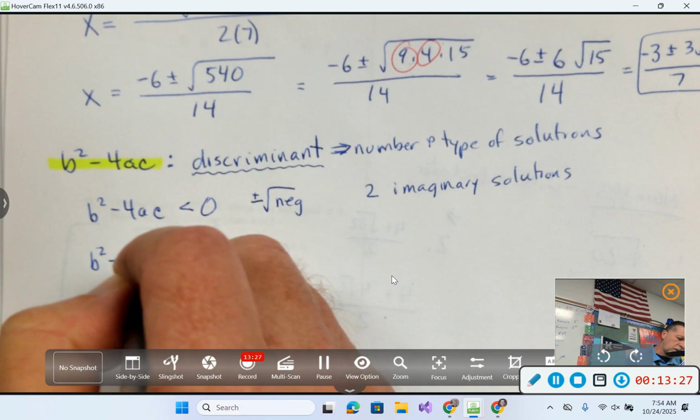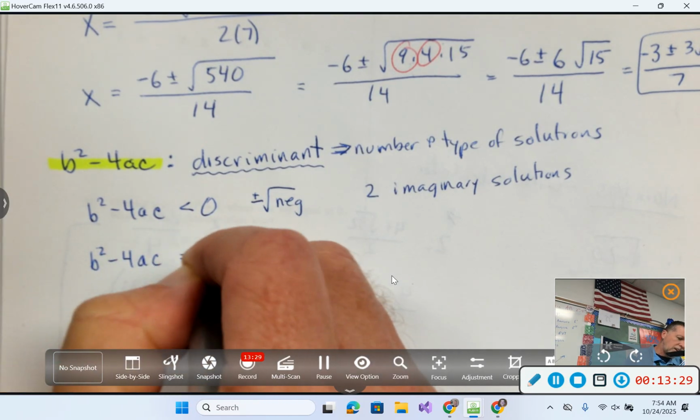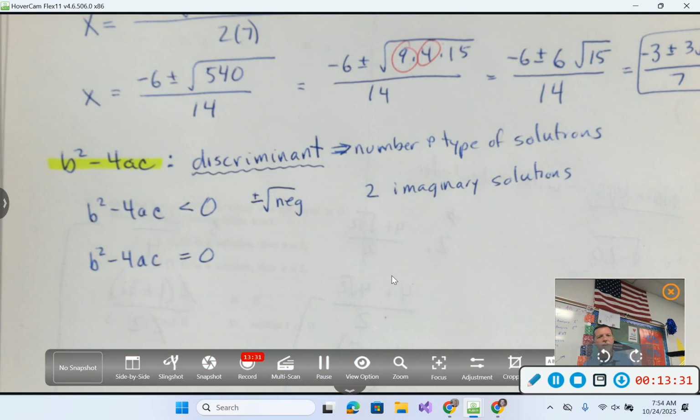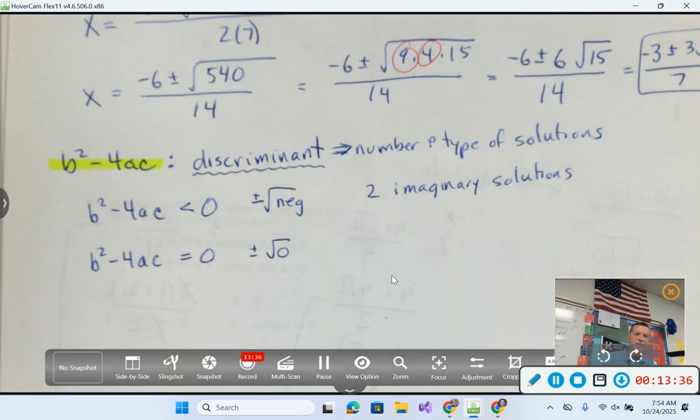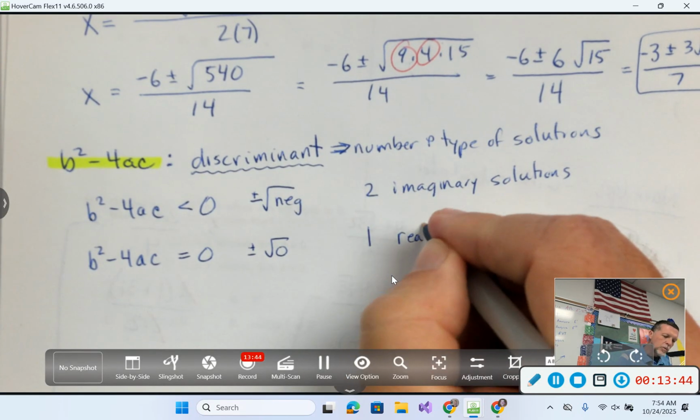Right? If b squared minus 4ac equals 0, then you got plus or minus the square root of 0, but the square root of 0 is 0, plus or minus 0 is the same thing, so you get one real solution.